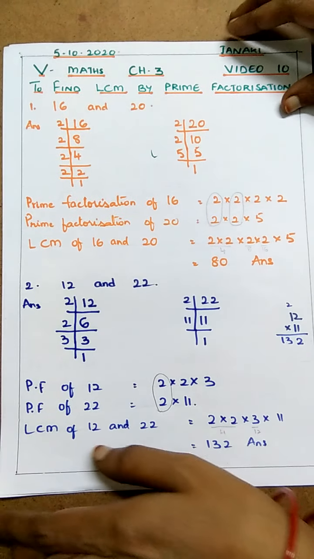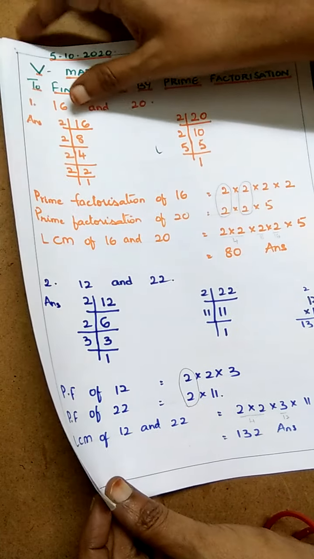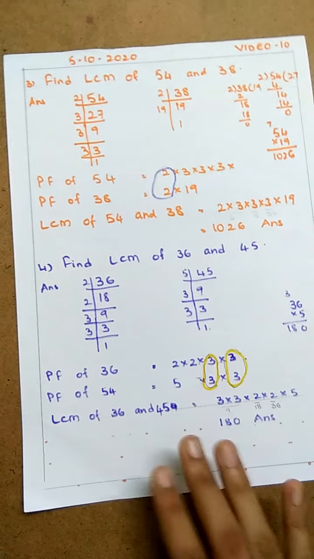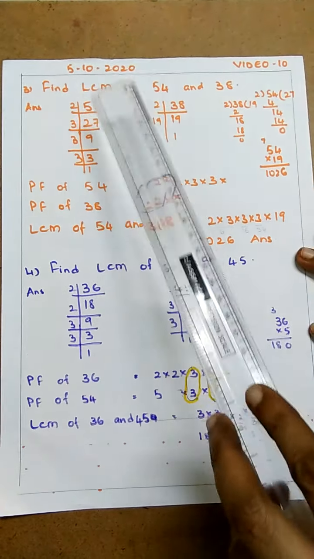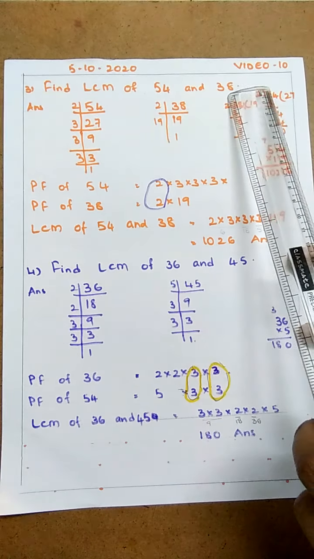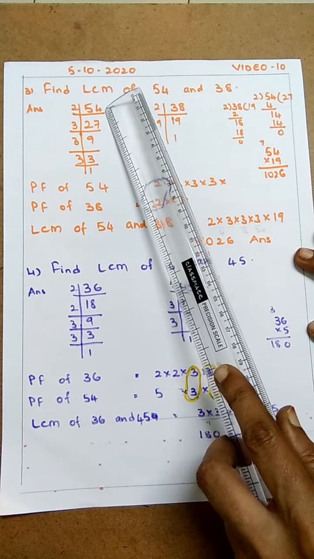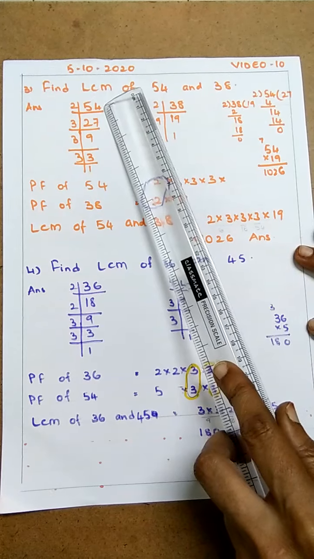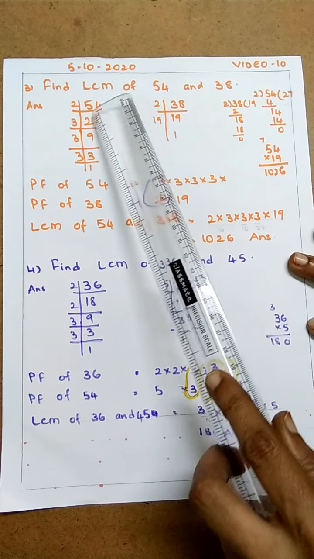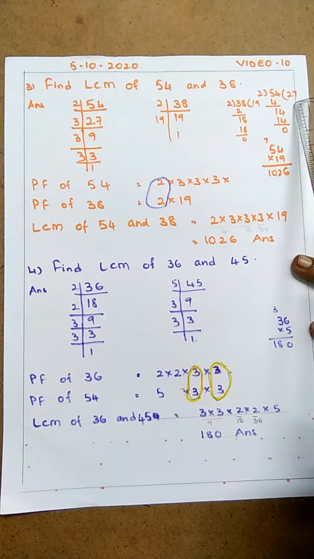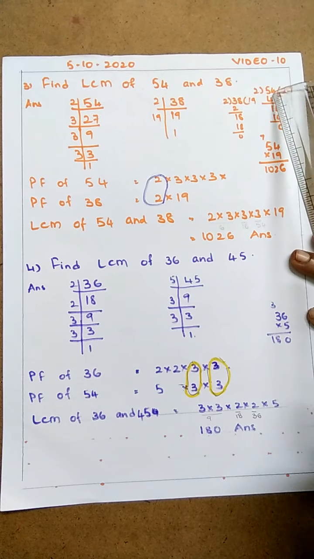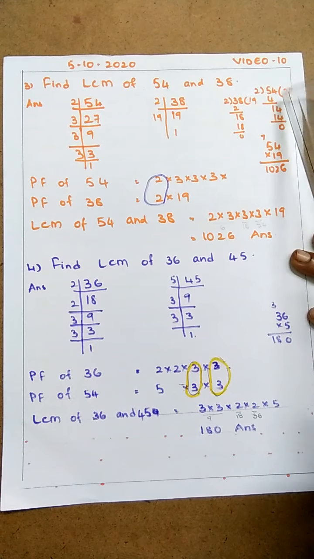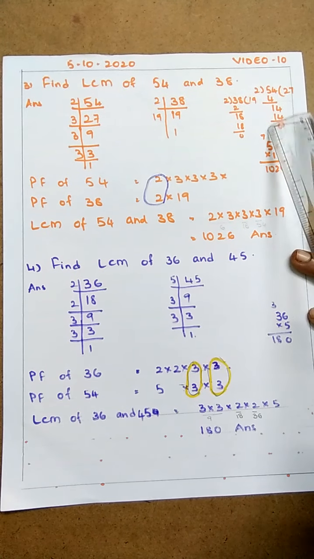Now let us go for one more example. Now LCM of 54 and 38. Now 54 is an even number. Now let us first divide it by 2. Here I have shown the division, it's a big number. So 2 goes 2 times in 5. 1 is a remainder, bring down 4. 2 7's are 14.